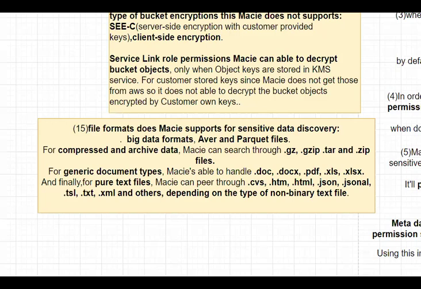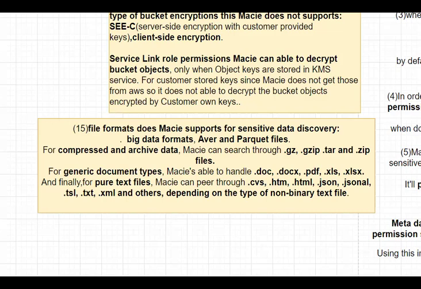Now let's see what file formats Macie supports for sensitive data discovery. Macie is able to support different file formats and look for the managed data and custom data identifiers that you have provided in your sensitive data discovery job.